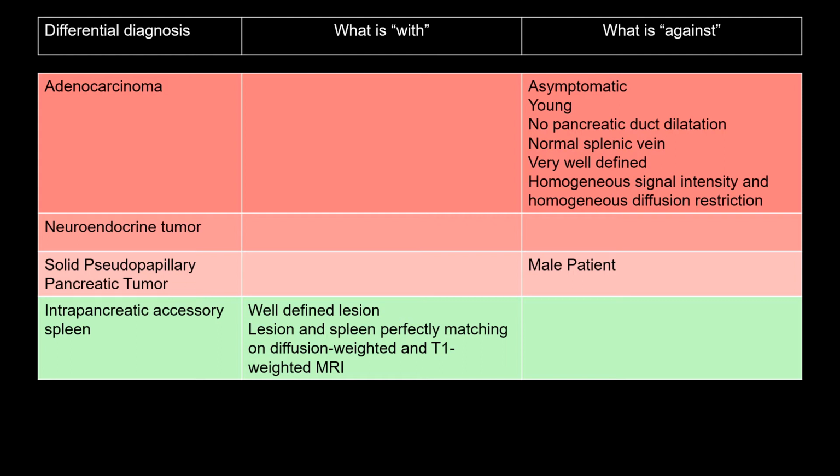We have seen no pancreatic duct dilatation, and the lesion respects the splenic vein. It is very well defined, and it shows homogeneous signal intensity, and more important than that, homogeneous diffusion restriction. All of these features are against the possibility of adenocarcinoma.